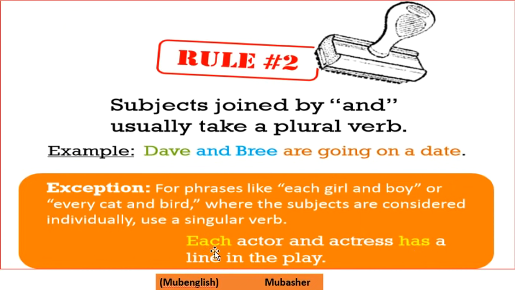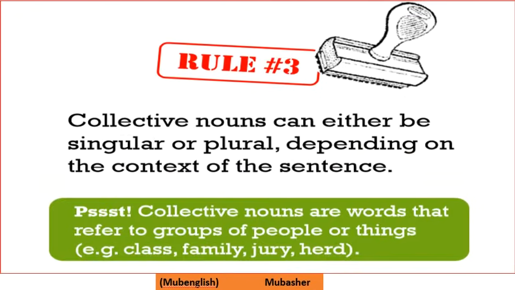So now a singular subject is taking a singular verb, and this is the exception in this case. Even if we are combining them with and, if it is starting with each or every, we will use the singular verb. Now let's do rule 3, collective nouns.